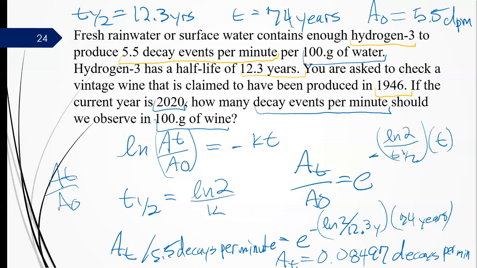You just want to think about which number goes where. If we've lost material, then our AT should always be smaller than our A naught. So just keep that in mind as you plug in your values. There will be some type of dating question on your exam, so I would definitely recommend that.